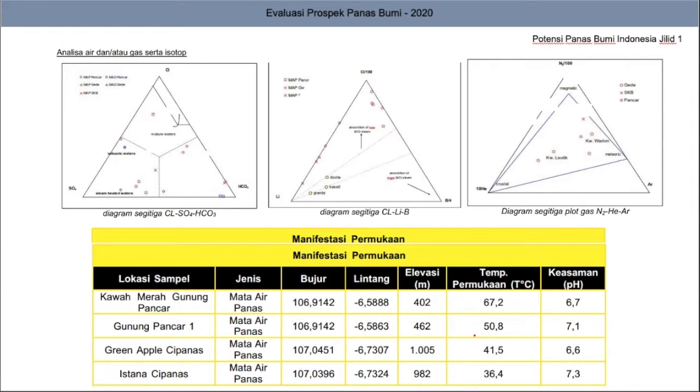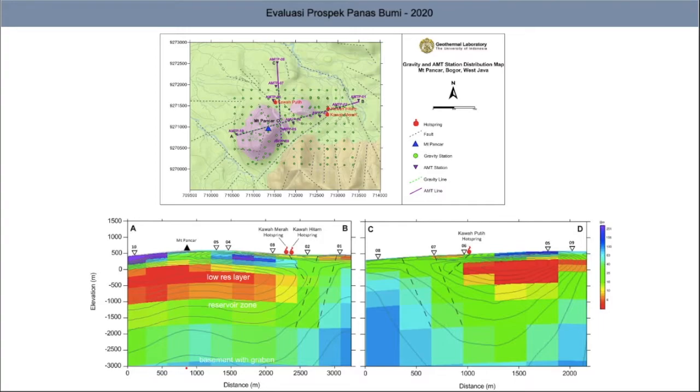Following the geological observation, you have the geochemical analysis, which usually comprises water and gas analysis. From there, we can determine the location of the manifestations and also the distribution of the manifestations, as well as the temperature of the subsurface using a geothermometer method. To complete the survey, we usually finish it off with the geophysical investigations.